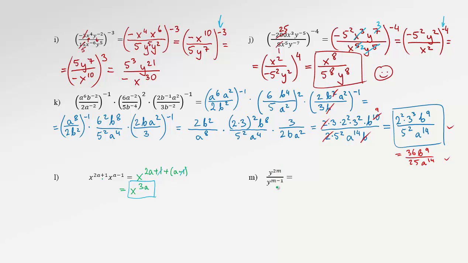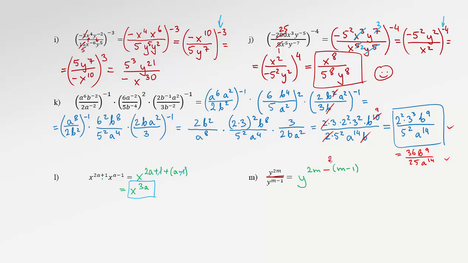Similarly, if we divide powers with the same bases, we keep the base and we subtract exponents as they are. So the top exponent is 2m, then we have minus because of the division, and then we need to subtract an expression with 2 terms. Because there are 2 terms, it is really essential that we put a bracket here, m minus 1.